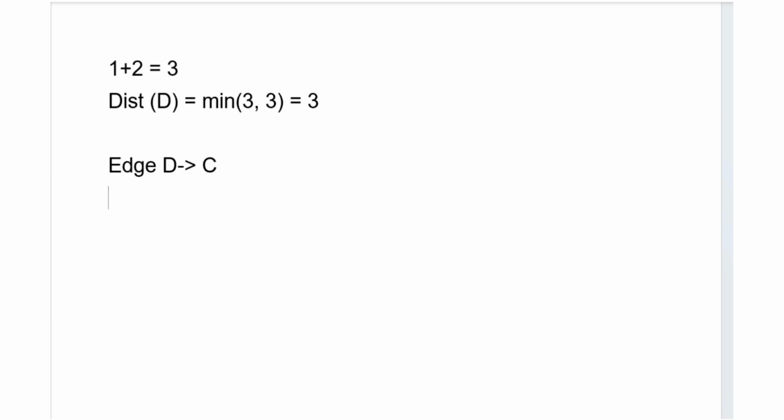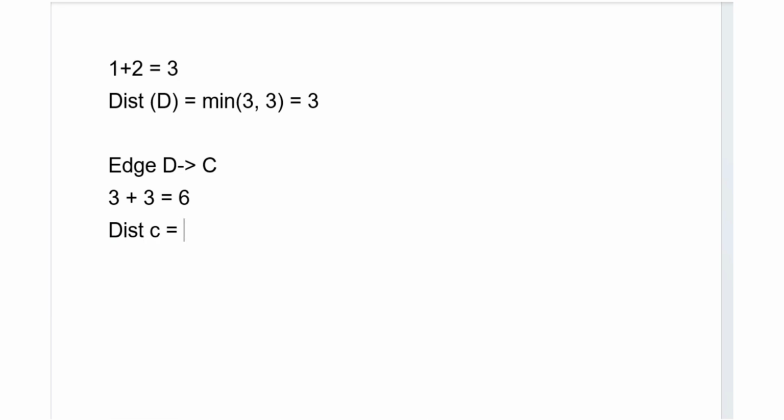So the minimum is minus 1. No update because the distance remains. It is already the minimum. Iterations 1 and 2 should already give the correct shortest paths. Next we move on to iteration 3.